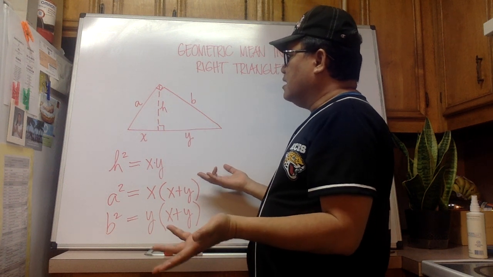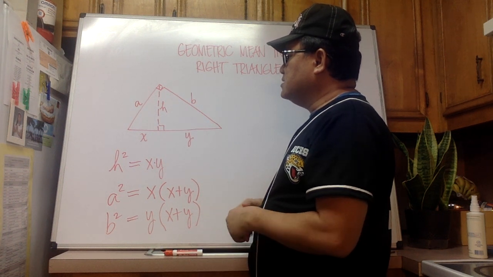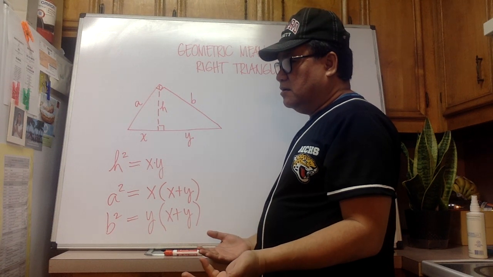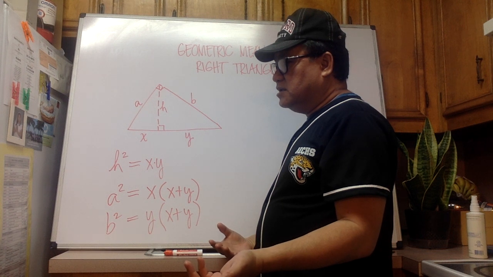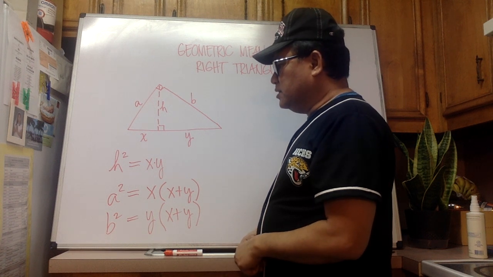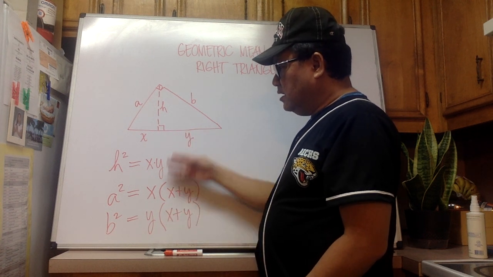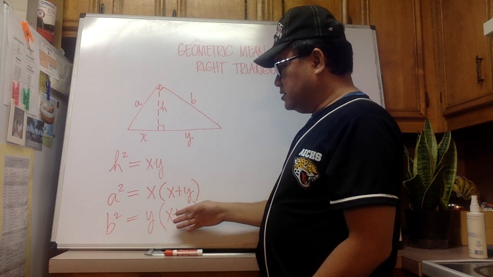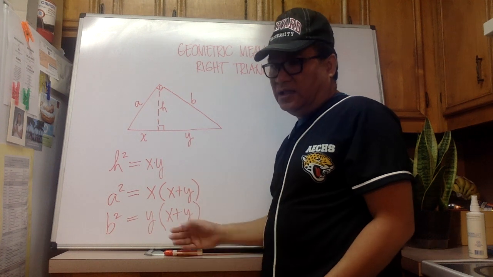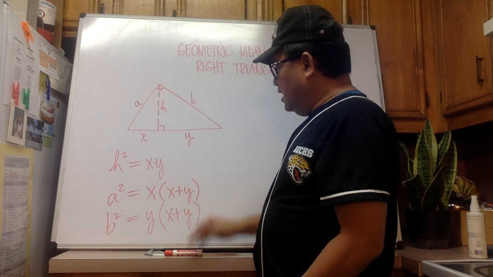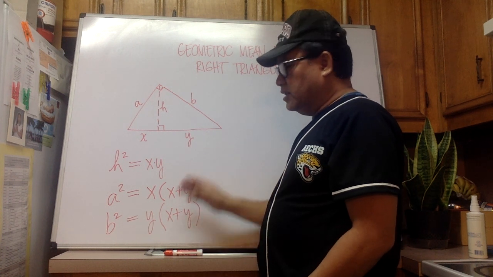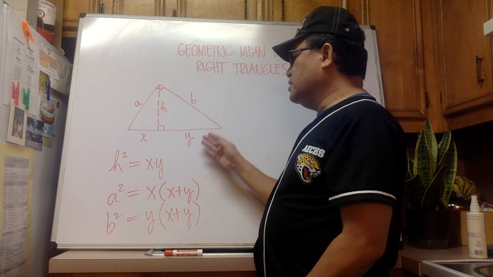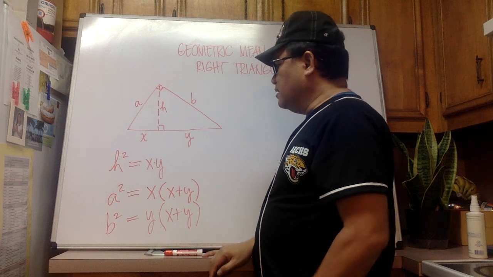Those three right triangles are similar, and because they are similar, their corresponding sides are proportional. So these three formulas that I wrote down are products of proportionality. I am not going to show it to you anymore, but one of the videos that I'm going to be posting will show you how these formulas are derived.